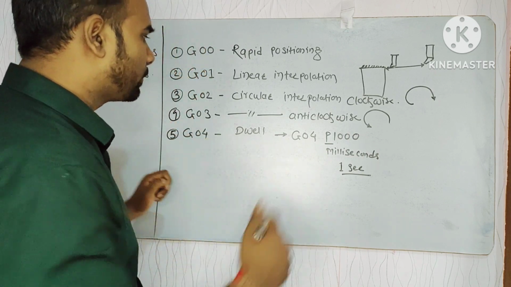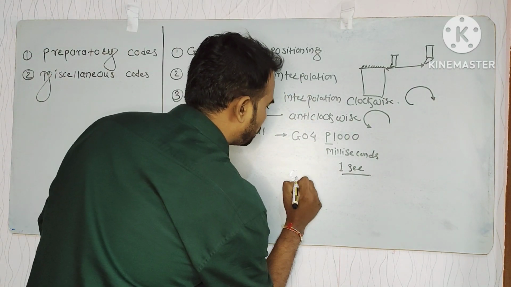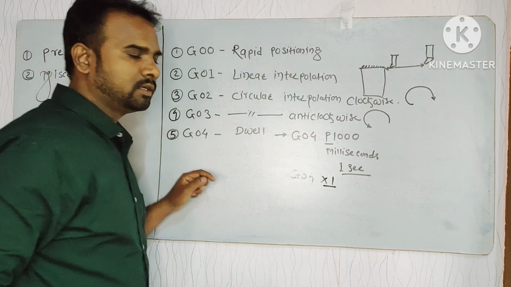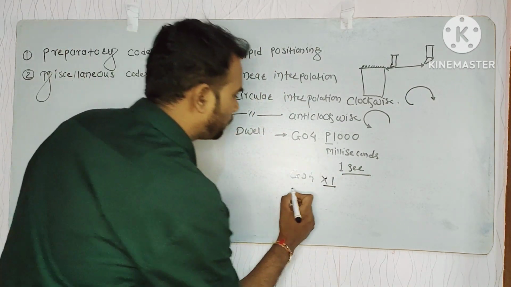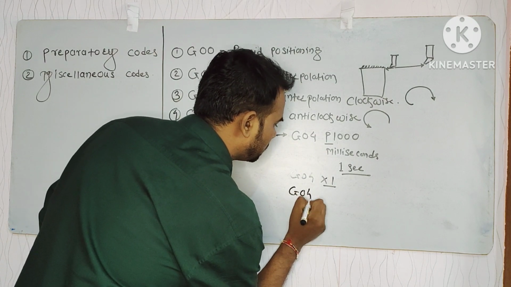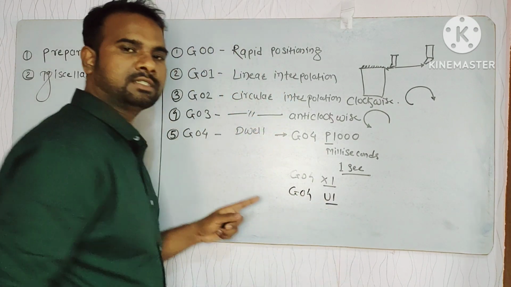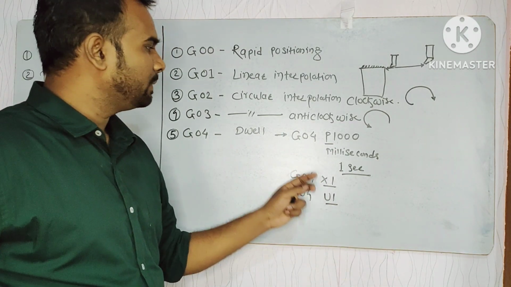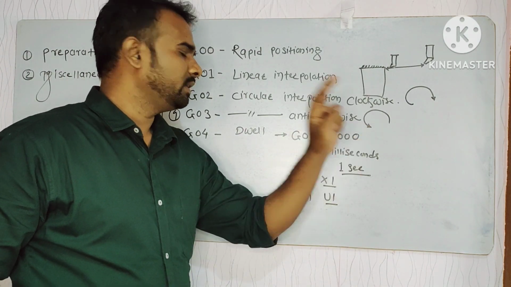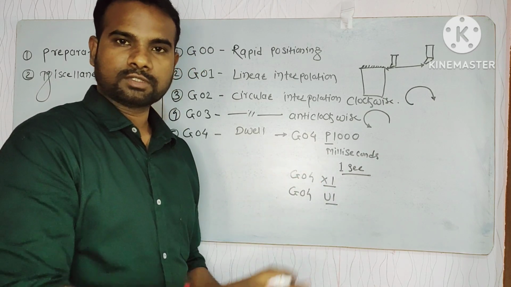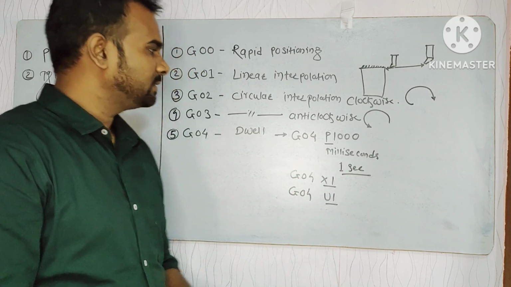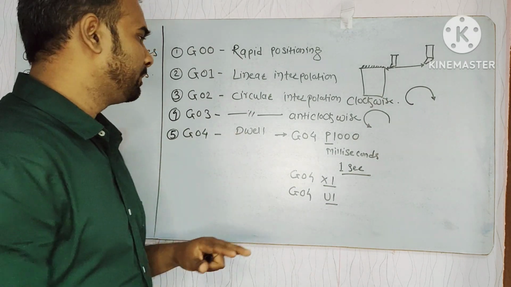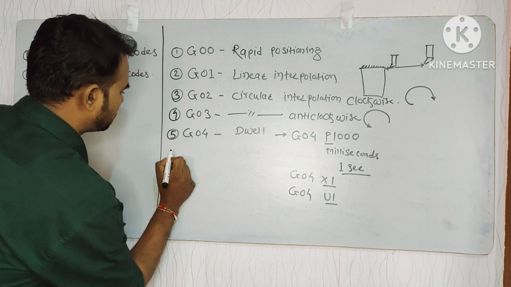You can also use G04 X1, where X1 means 1 second, or G04 U1, where U1 means 1 second. But naturally, many people use G04 P1000 or 2000 as per their convenience. So G04 means dwell.